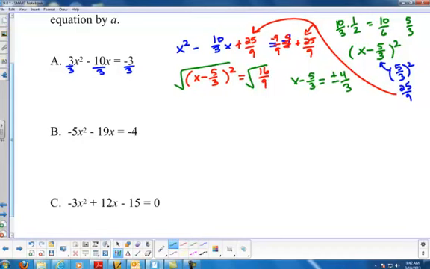So you're going to solve this by adding your 5/3. I'll just write it separate here. So our two solutions are 9/3, which is 3, and 1/3.